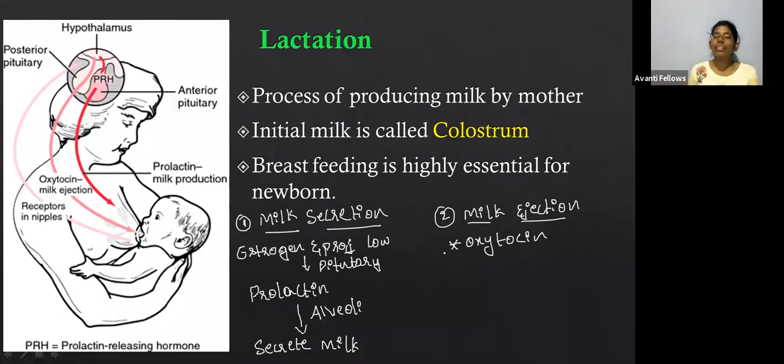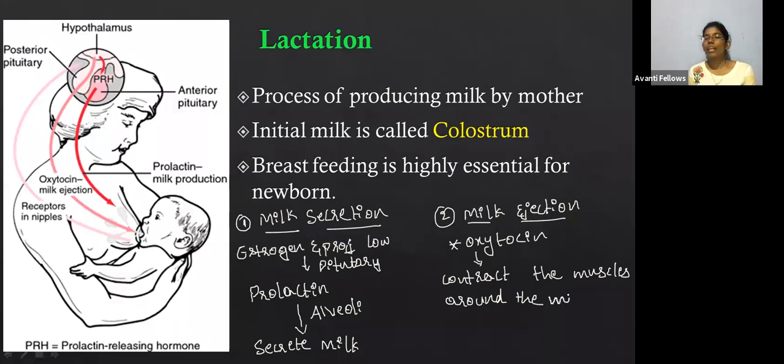Now this oxytocin can contract the muscles around the mammary gland, so that the milk can be ejected.